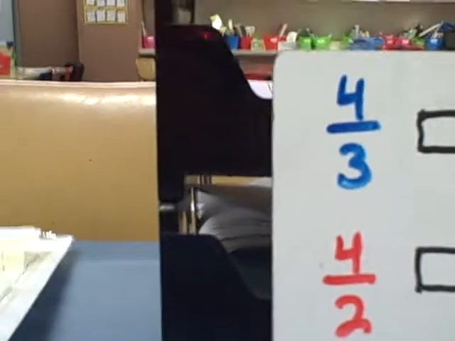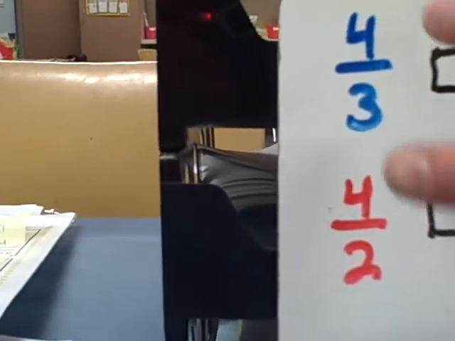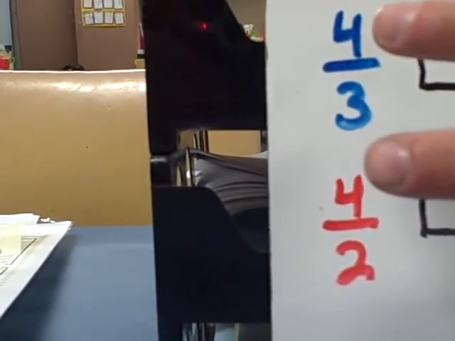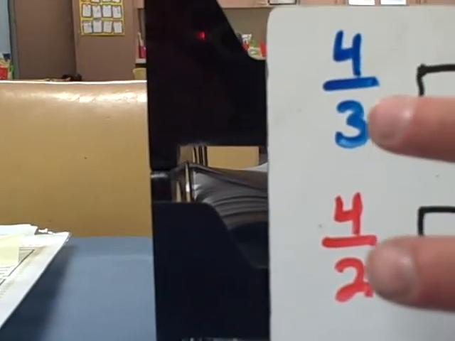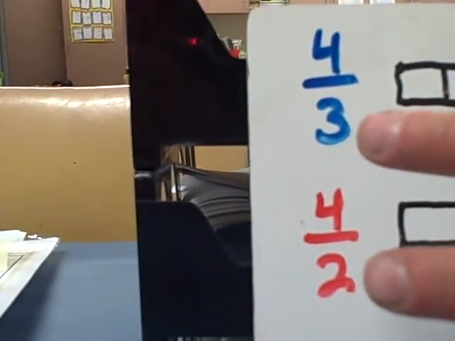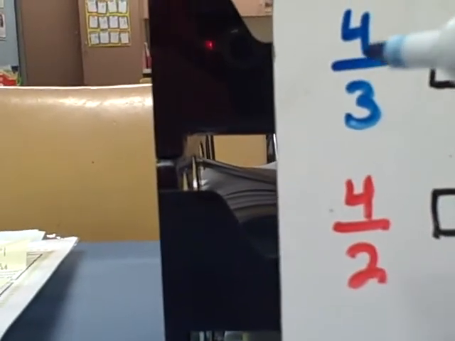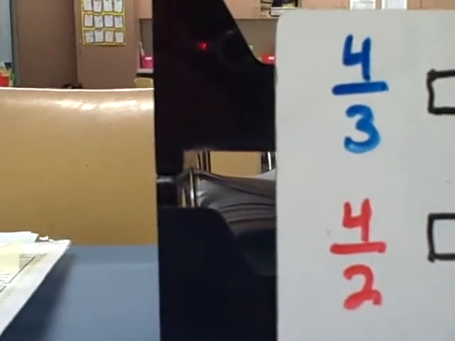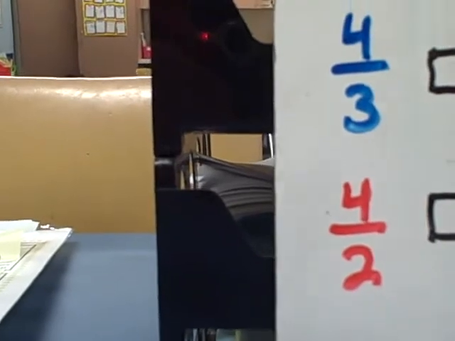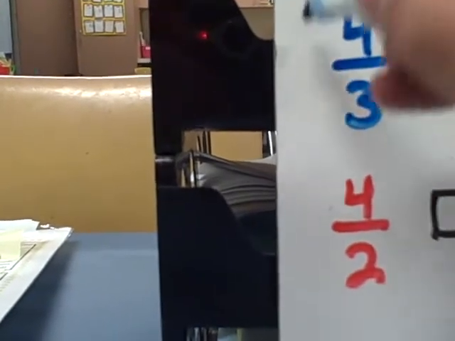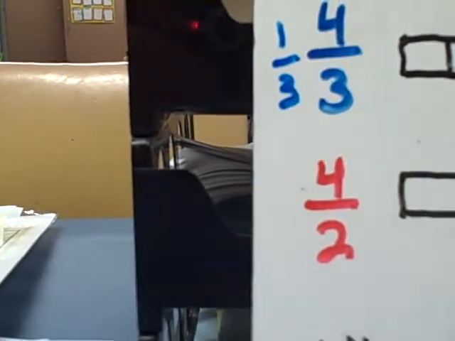We'll switch it up, and this time we'll just look at fractions. No pictures yet. Again, the numerators are the same, 4 and 4, and the denominators are different, 4/3 and 4/2. So let's think about the unit fraction again. What's the unit fraction for 4/3? The unit fraction for 4/3 is 1/3.